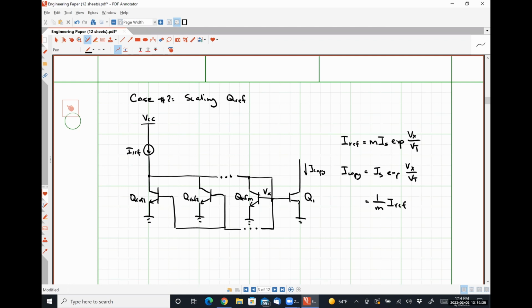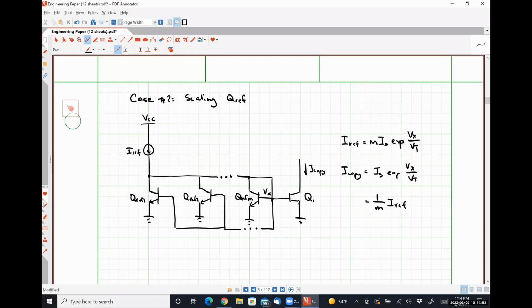So effectively what's happening here is our reference current divides itself up equally between these 3 or however many M reference transistors. And since each of these individual transistors is only carrying a portion, Vx gets smaller.